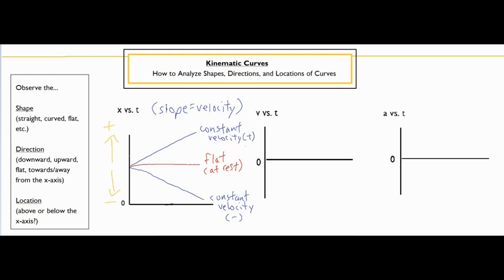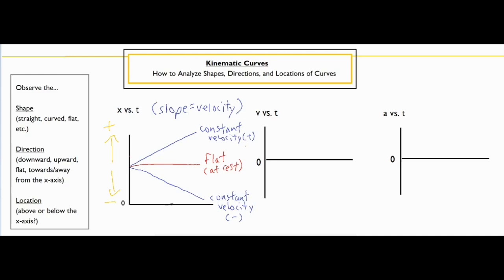And again, the only difference between these 2 blue lines is just the direction, because anything that's rising on the graph is moving in the positive direction, and anything that's becoming lower on the graph just means it's going in the opposite direction.